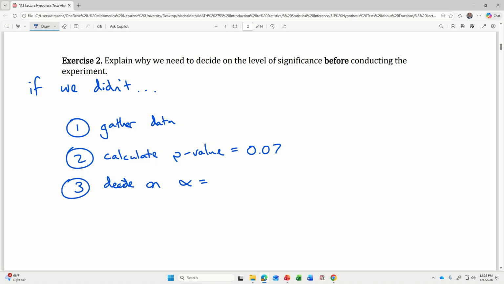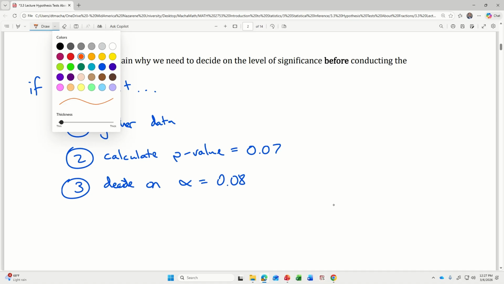No, that would be under 0.07. I should choose alpha equals 0.08, right? Just because that's convenient for me to conclude the conclusion I want to find. And you see why that's a problem: the researcher's opinion now becomes the conclusion regardless of what the data says.